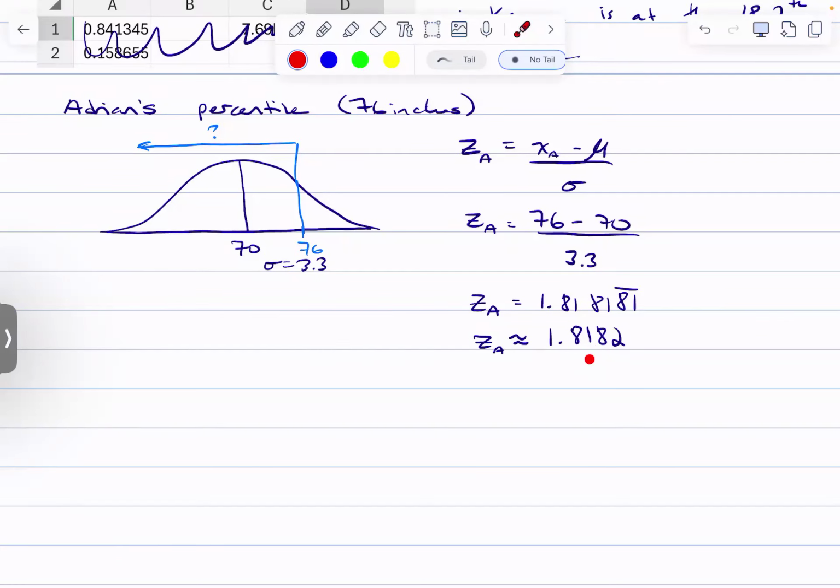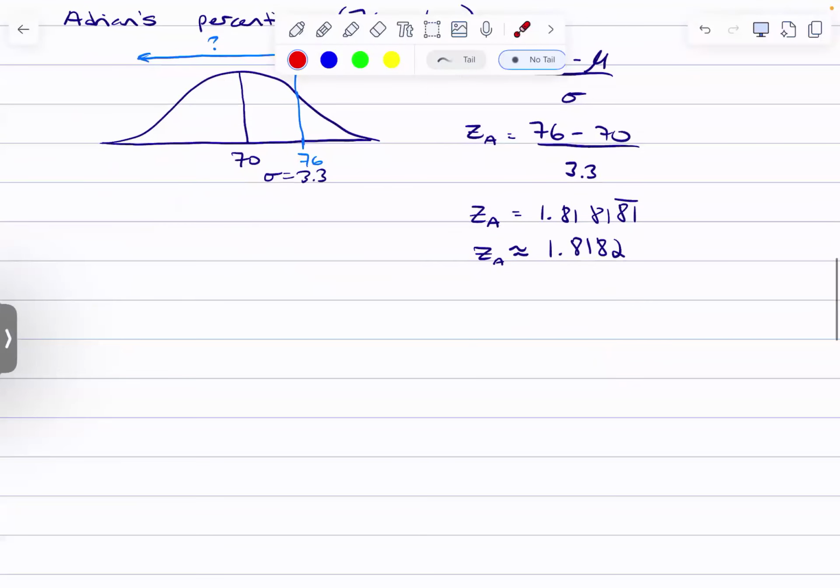Okay, and so let's see here. We'll approximate it with the 68, 95, 99.7 rule. 1.8182 is between 1 and 2. Kind of boils it down a little bit.